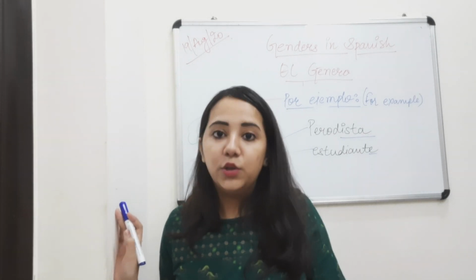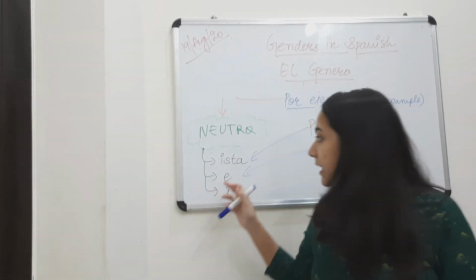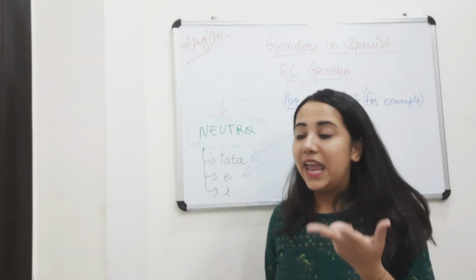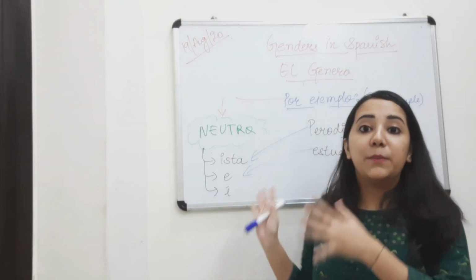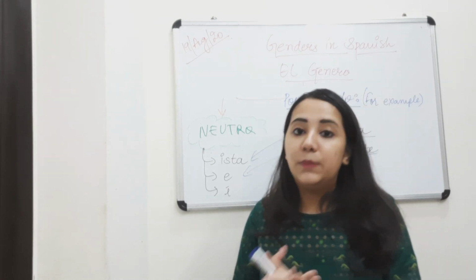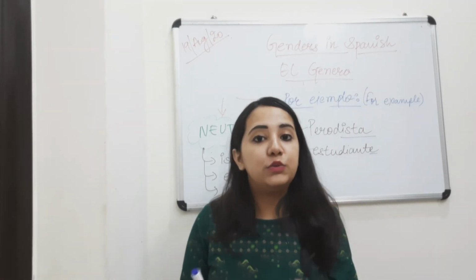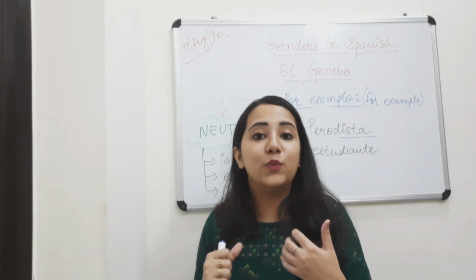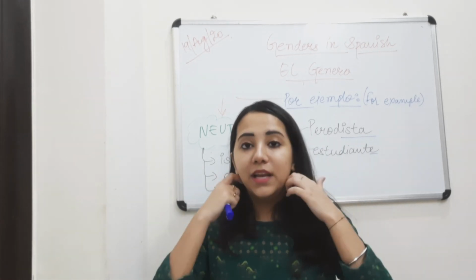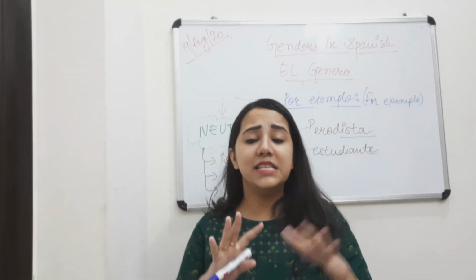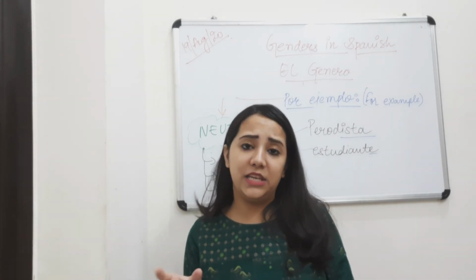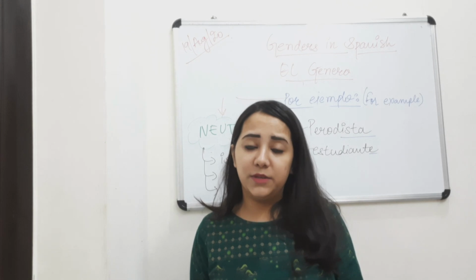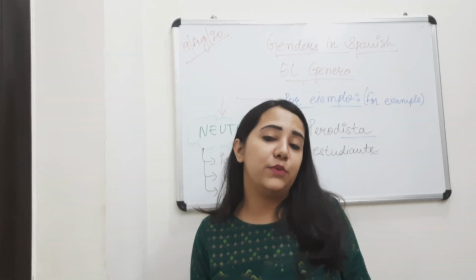Then for the nuestro, you have ista, a, e. Remember the endings whenever you choose a noun, whether it is masculine or feminine. Whenever you see any noun in Spanish, you have to identify first the gender. It is masculino, it is femenino, or it is neutral.